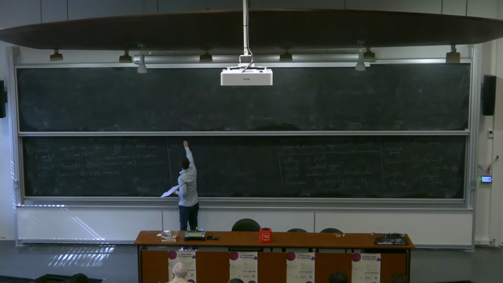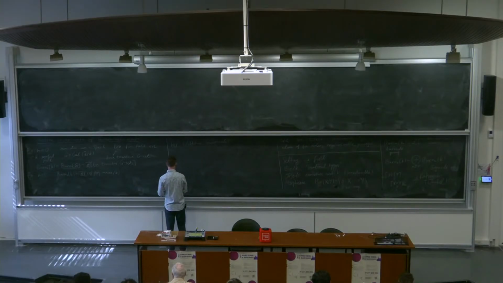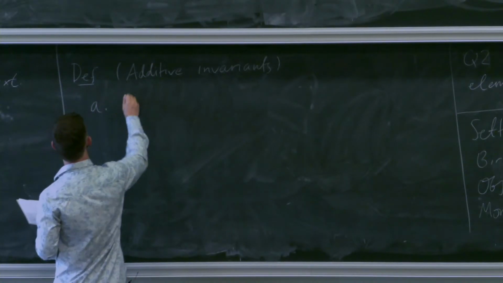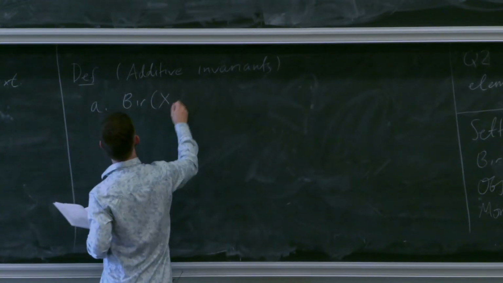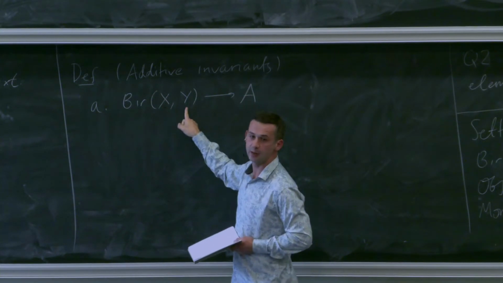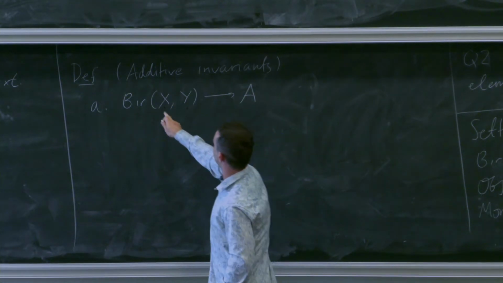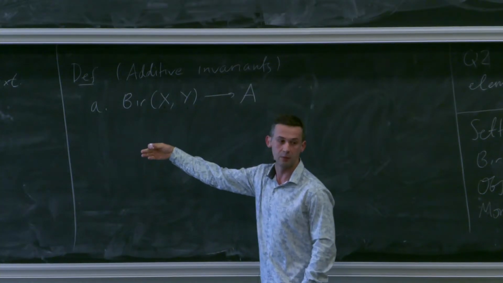I want to introduce now this additive invariance that we'll be talking about. Later on, we'll concentrate on self-maps. But to develop the theory, it's convenient to look at maps from X to Y and Y to Z and compose them.